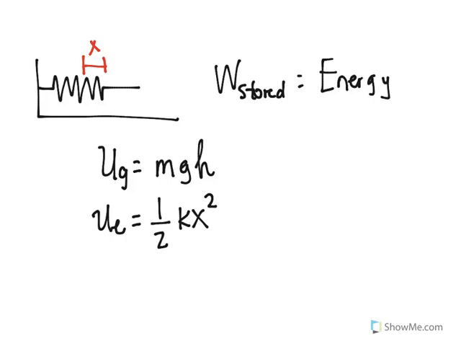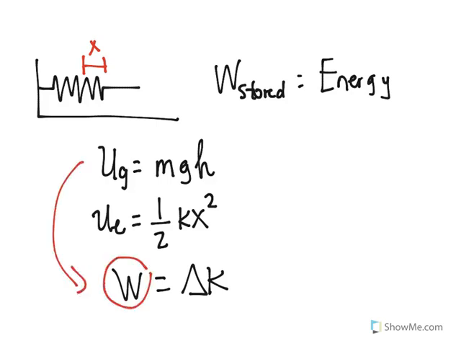Let's remember that work is going to be equal to a change in kinetic energy. This will lead to a conservation of energy. If the work performed by any of these given systems, the elastic or the gravitational system, is then turned into a kinetic energy, then we can actually state that this energy is going to be conserved.